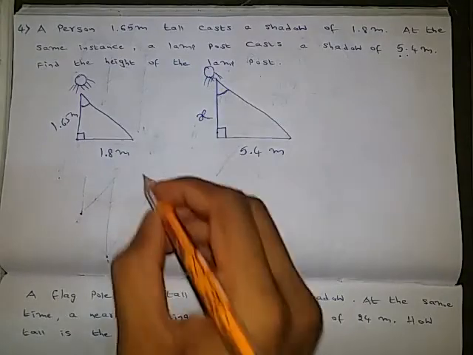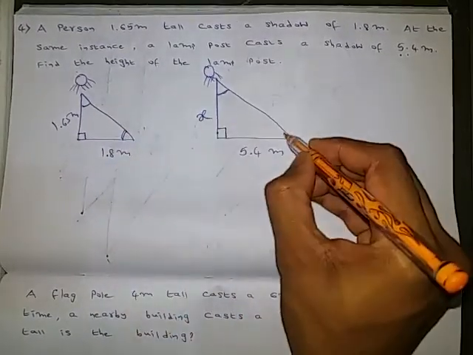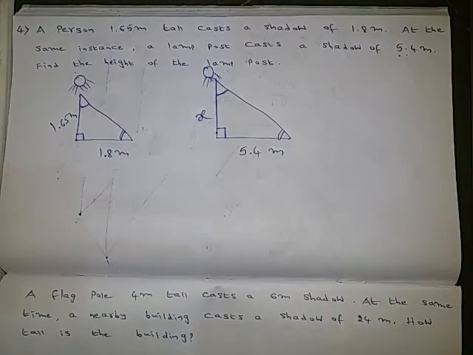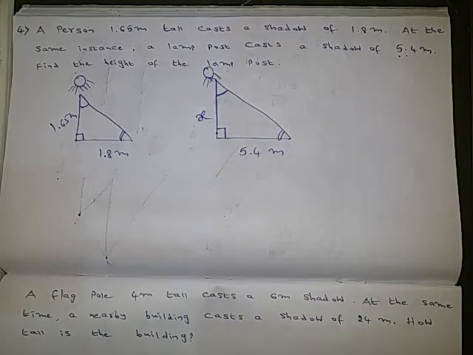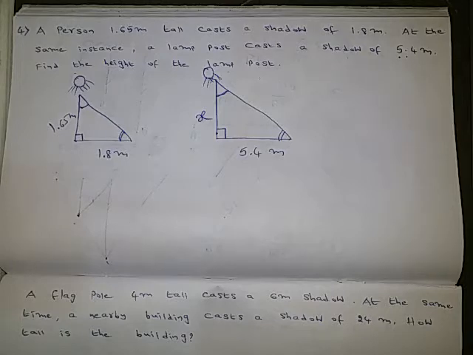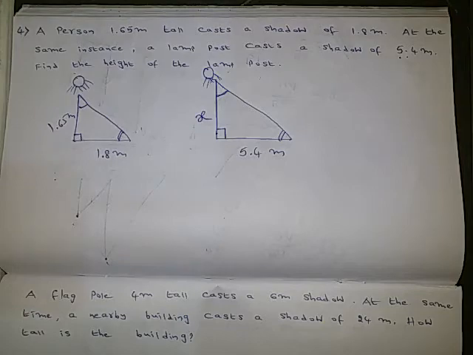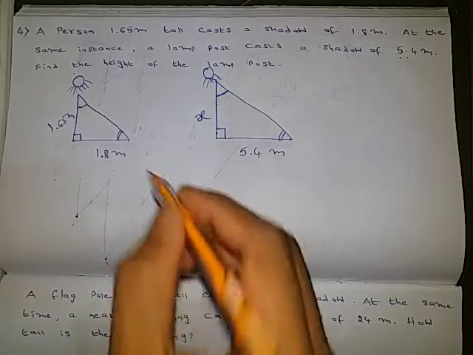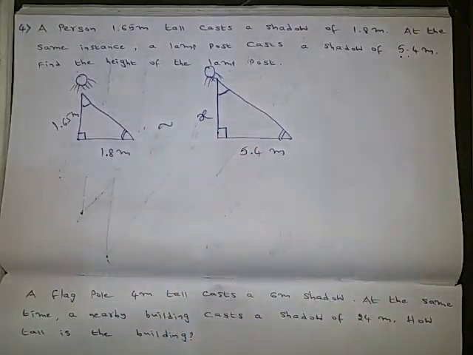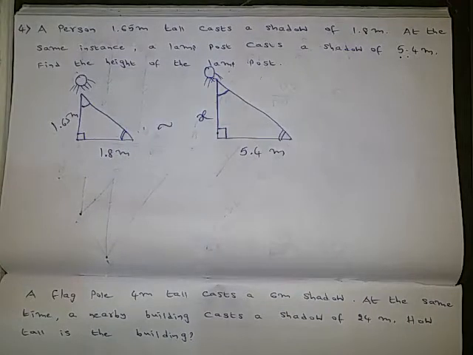If two angles are equal to each other, obviously the third angle is also equal. So in any two triangles, if three angles are equal to each other, those two triangles are said to be similar to each other. Now those two triangles are similar to each other.